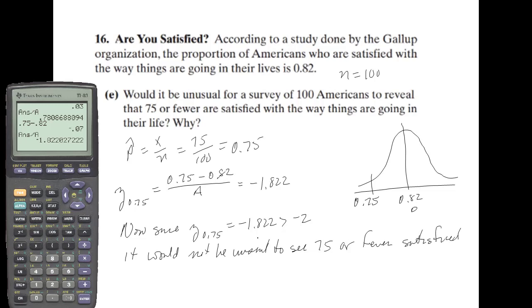Okay, so I'm using that 2 standard deviations below the mean, so this is negative 1.822, and I'm saving myself a little bit of work.